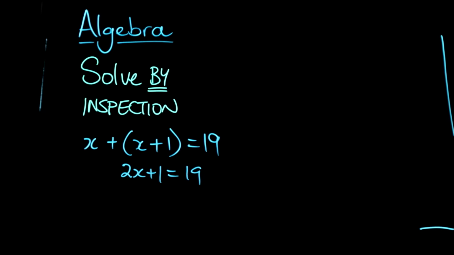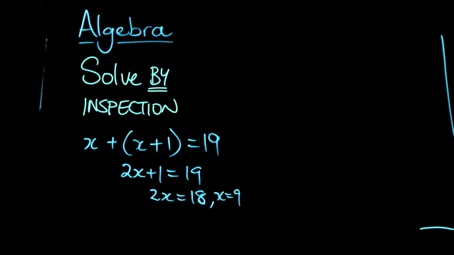I know I've got some number that I'm going to double, and that's a timesing by 2 bit, and then I'm going to add 1. So in my mind, and that's really easy for me to see now, the value of x must be 9.